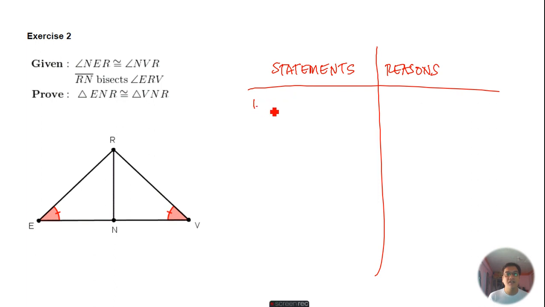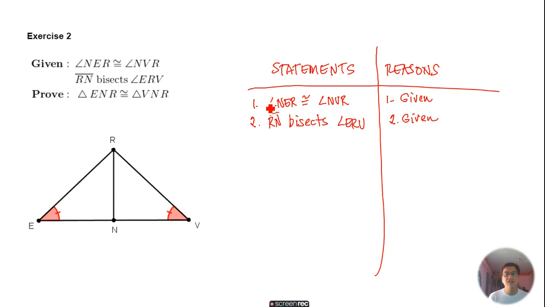The first one is to write the given: angle NER is congruent to angle NVR. This is given. Next, number 2, the condition is that RN bisects angle ERV. This is also given.